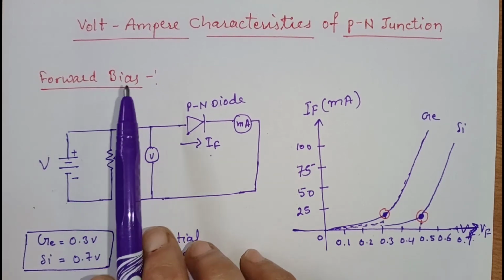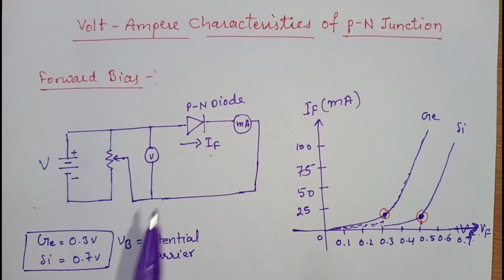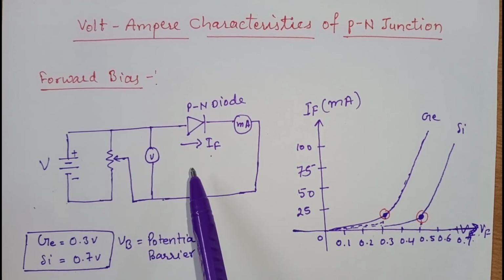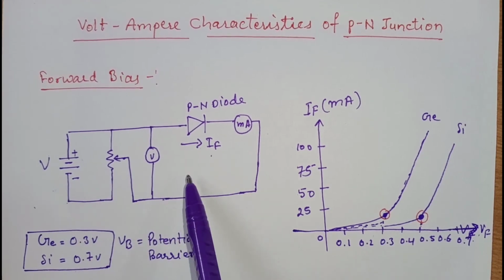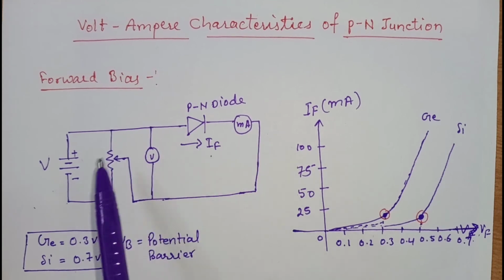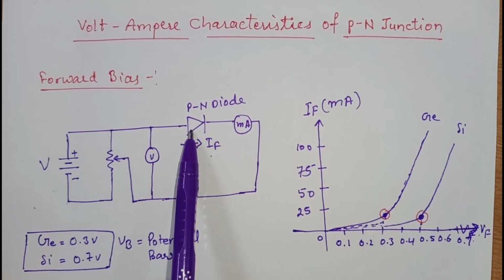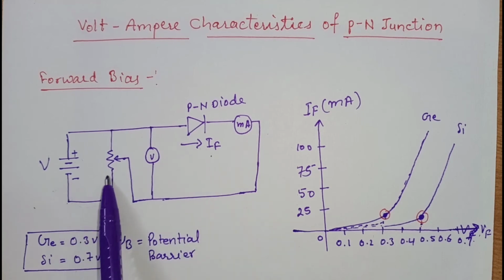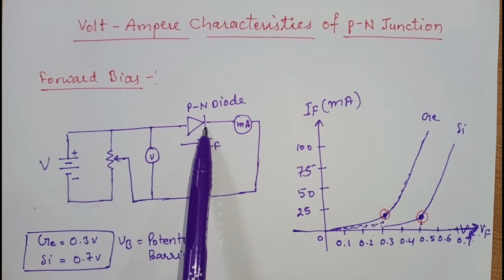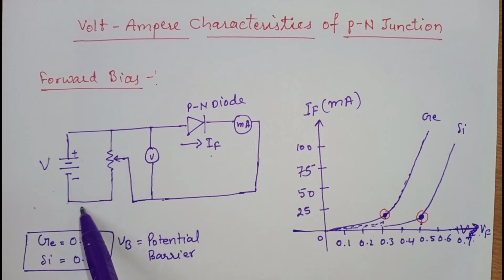First we will discuss the forward bias condition. This is the circuit arrangement for forward bias. In forward bias, we connect the positive terminal of the battery to the P side and the negative terminal of the battery to the N side. This is the potential divider.